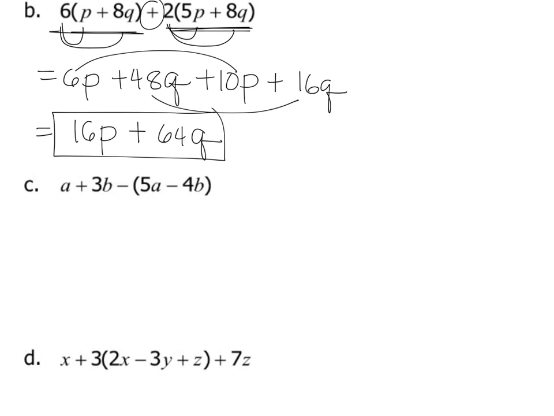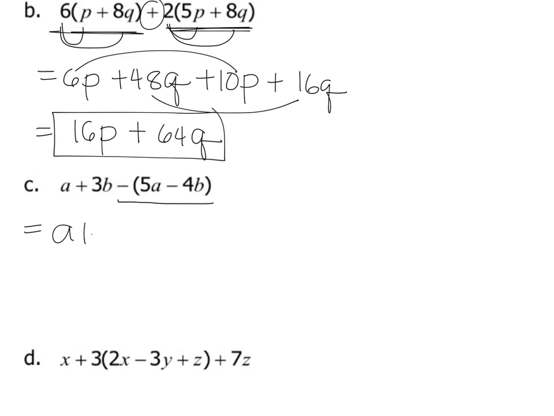Okay, moving on to letter C. So how do we simplify (a plus 3b) minus (5a minus 4b)? Okay, so what you need to know here is how we simplify expressions if they are written in this form. If we have a group of expressions inside a parenthesis and there's a minus sign before them, this is how you simplify.